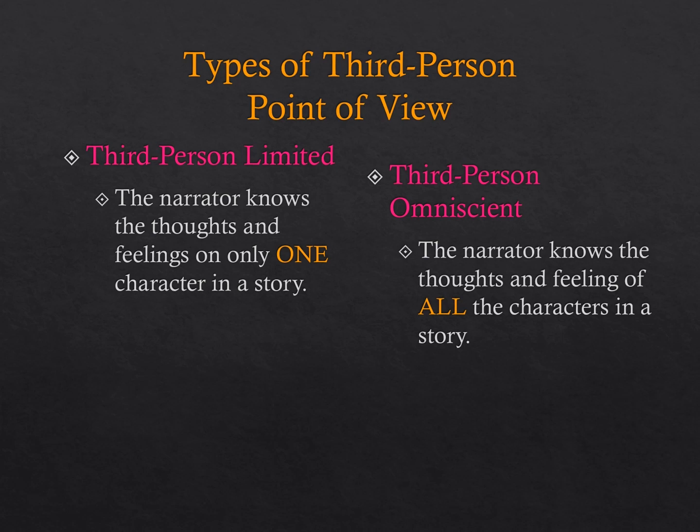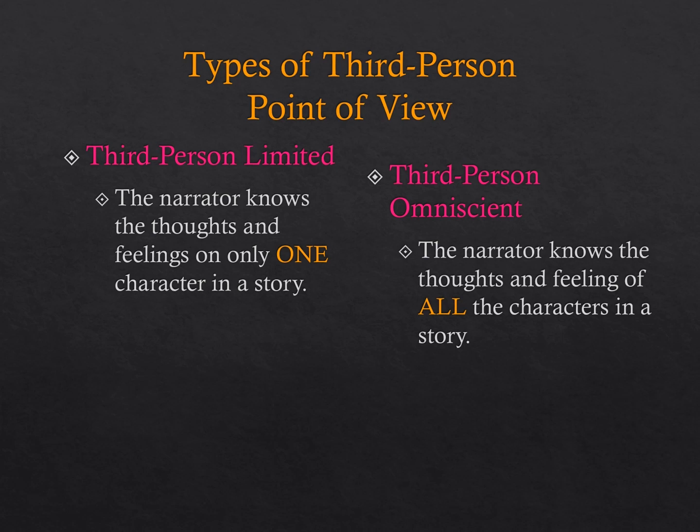So we have two types of third person point of view: the third person limited and the third person omniscient. In the third person limited, the narrator knows the thoughts and feelings of only one character in a story, while in the third person omniscient, the narrator knows the thoughts and feelings of all the characters in the story.